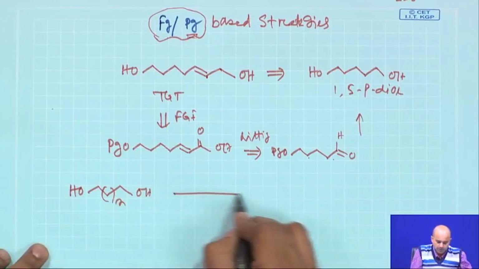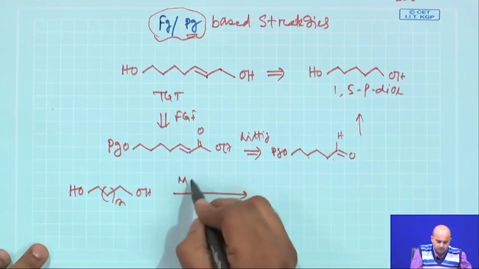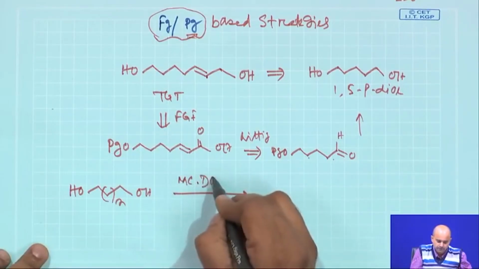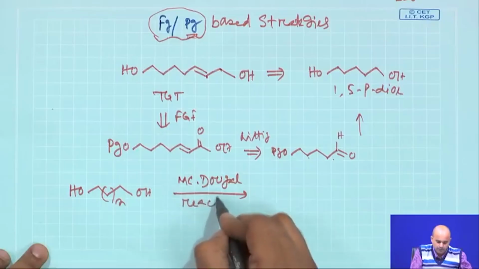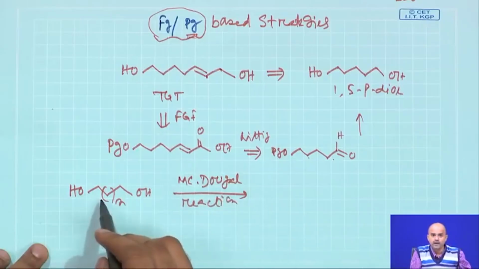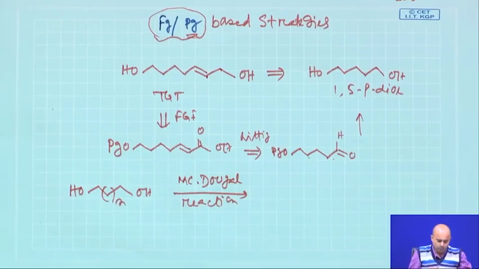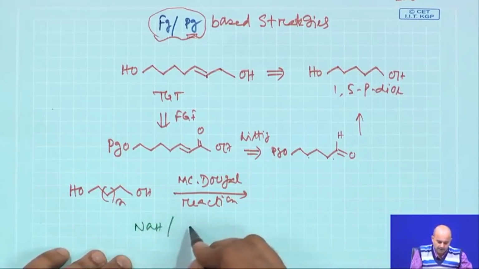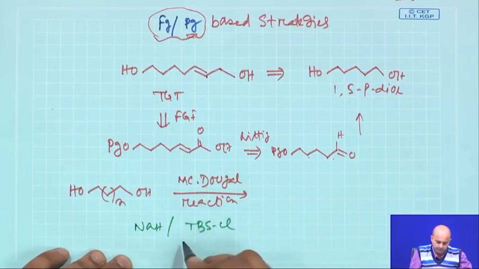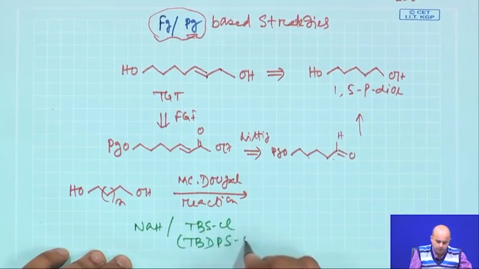Now, here we will give you a name reaction, it is called the McDougall reaction. The McDougall reaction says that if you have a diol, you react it with one equivalent of sodium hydride and TBS chloride. TBS chloride structure was already discussed to you. You can even use TBDPS chloride, it does not matter what the protecting group is.